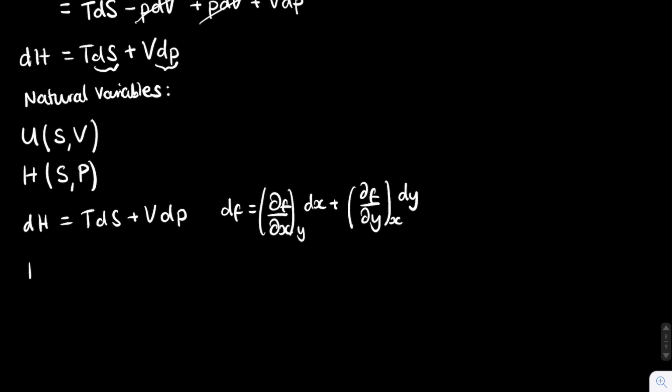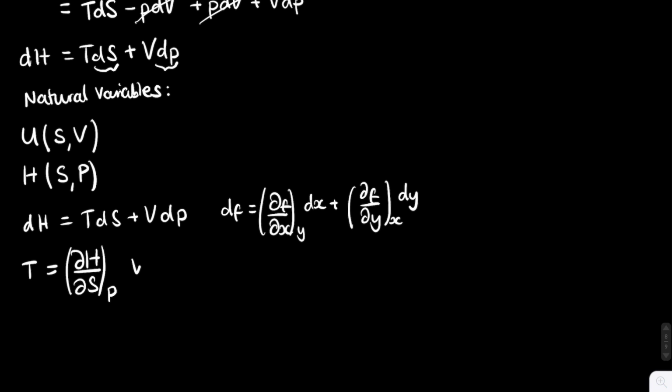So I can now say that T is the partial derivative of enthalpy with respect to entropy, keeping pressure constant. All I've done is compare this equation with this equation and therefore concluded that T must be the partial differential of enthalpy with respect to entropy keeping pressure constant.